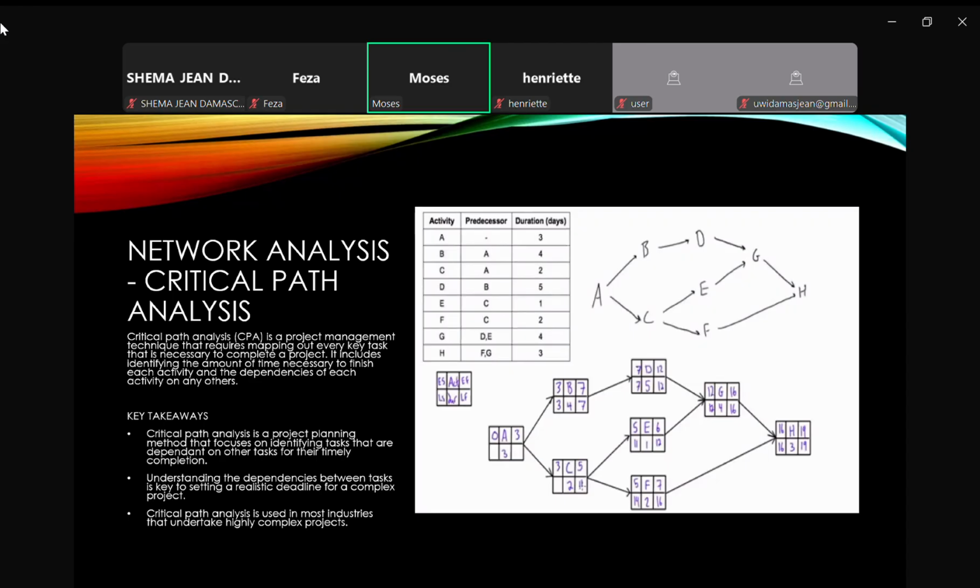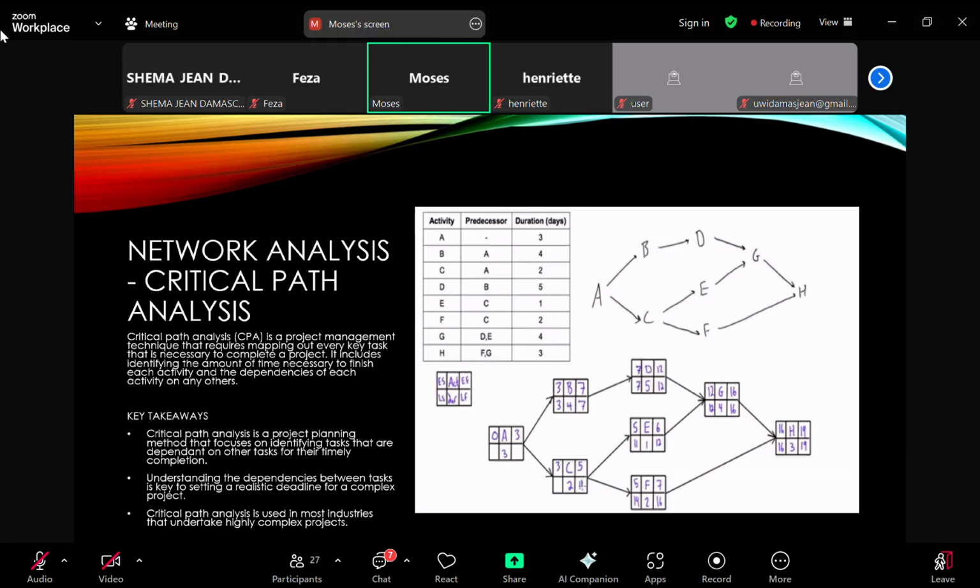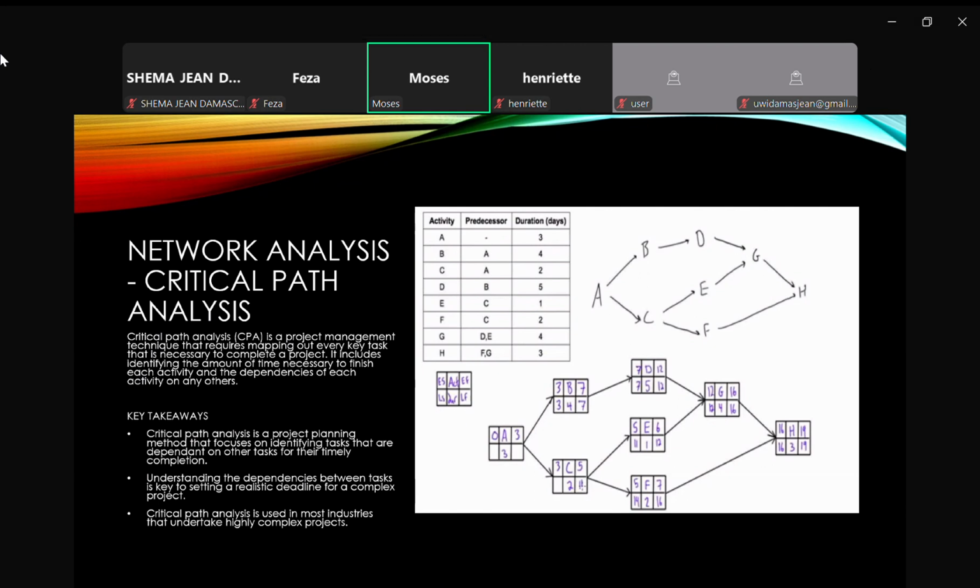And then there's something we call a CPA. A CPA is a concept that is used in project management, whereby you demonstrate activities of a project and their dependencies on a diagram that looks like what you can see on the screen. Usually you are given activities, their predecessors, and the durations.